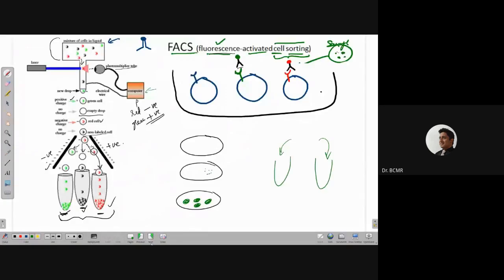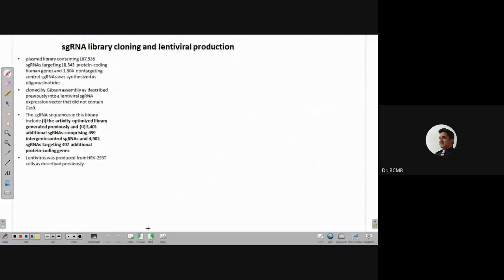So what they did then is they have used, now we are going to do it with the CRISPR, right? What they have done is they made a plasmid library containing 187,000 single guide RNAs.